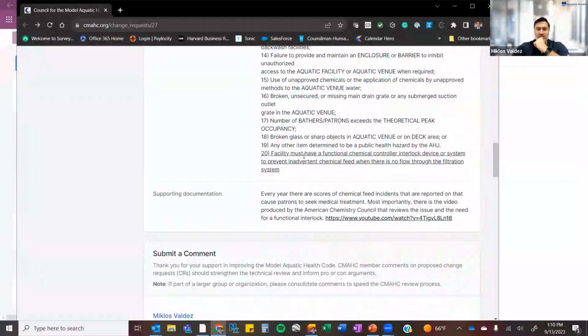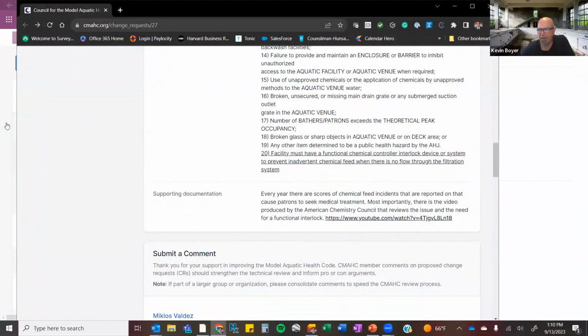Must have a functioning controller interlock device or system to prevent inadvertent chemical feed. Yeah, we did. Was it exactly the same? I didn't think that was about an interlock. We had one about the interlocks, but I don't think it was in the closure.